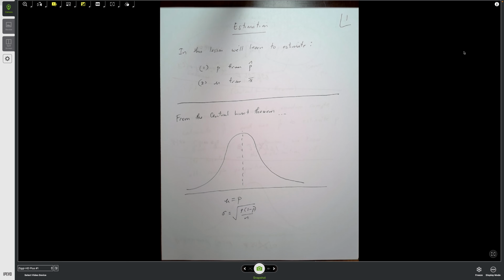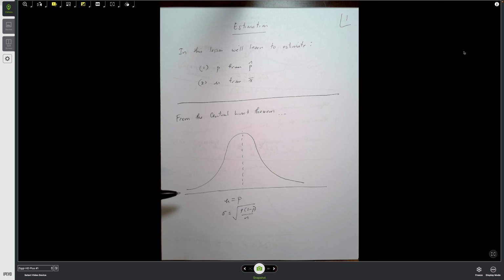Now, from the central limit theorem, what I want to do first of all is focus solely on proportions for now. So we saw from the central limit theorem that the distribution of sample proportions will be normally distributed as long as n times p and n times q, you remember n times q is the same thing as n times 1 minus p, are greater than 5.